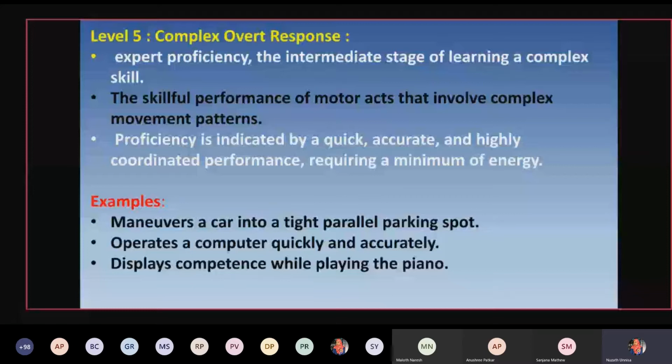So this example can be listed under expert proficiency. Or a learner operates a computer quickly and accurately. Or displays competence while playing the piano. So these are the examples under expert proficiency, which is our level 5.